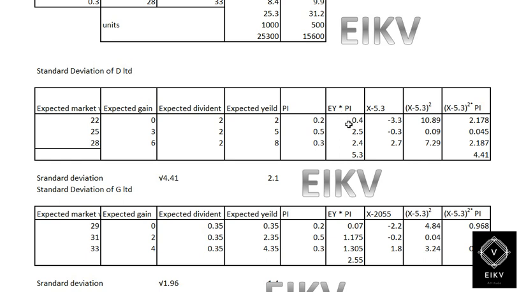So pi will be 0.4, 2.5 and 2.4. When we take the total, it would be 5.3. So the 5.3 should be considered as x bar.